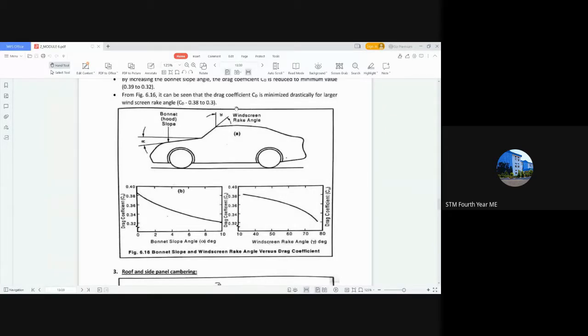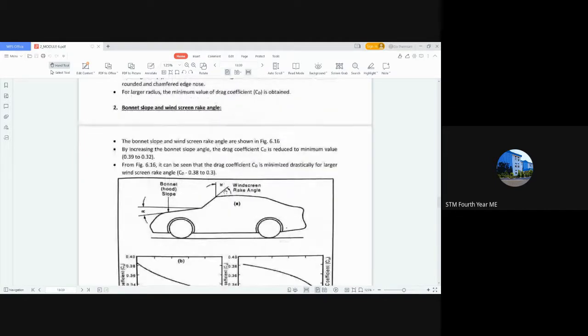And what is a windscreen rake angle? When you are looking at the vertical line of the windscreen, which is provided here, you can see the inclination formed by the windscreen.